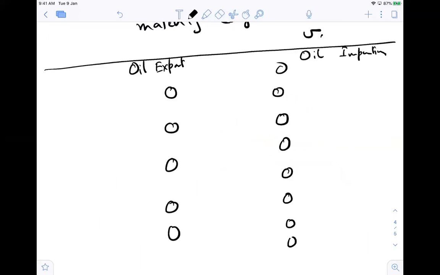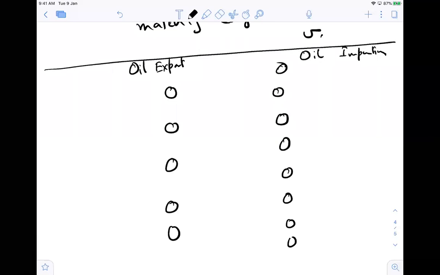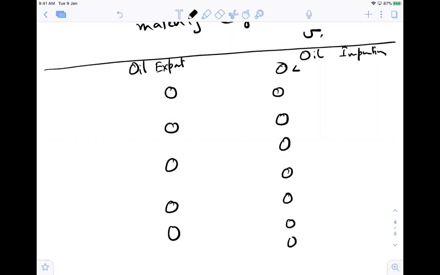Now, what all things do we have? Each oil importing country is saying, oh, I want, say, 4 million gallons of oil, or 4 ships of oil, something like that.